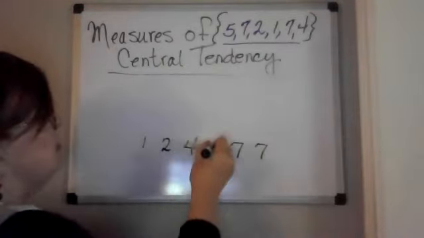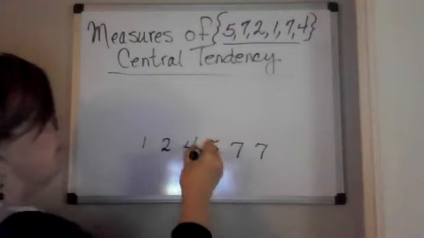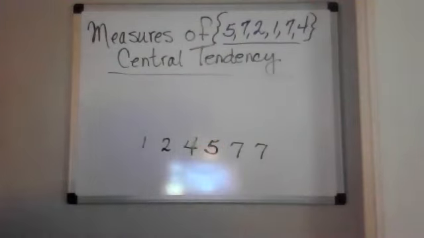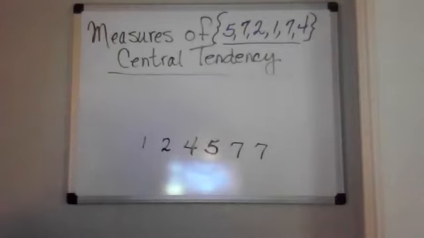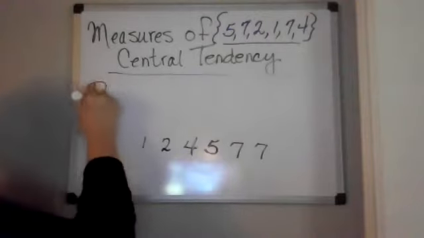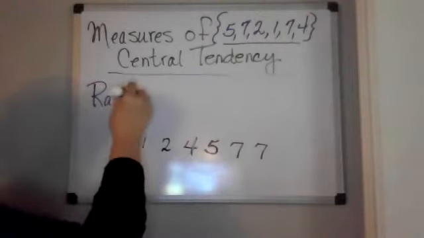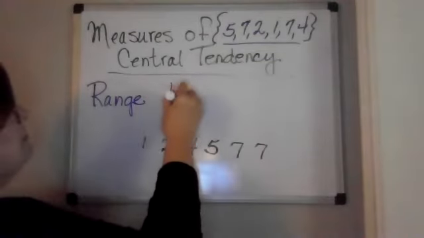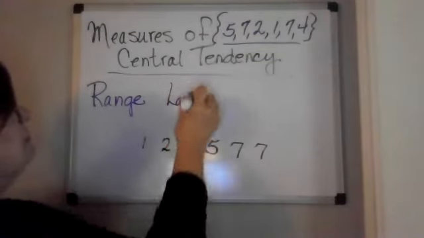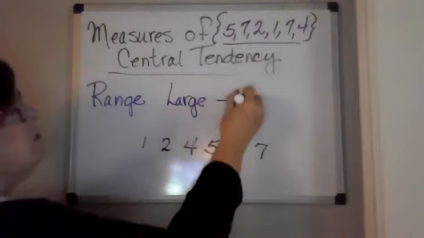The mean doesn't need them in order, but the rest of them are easiest. Okay, so we're going to do the range. The range is the largest minus the smallest.